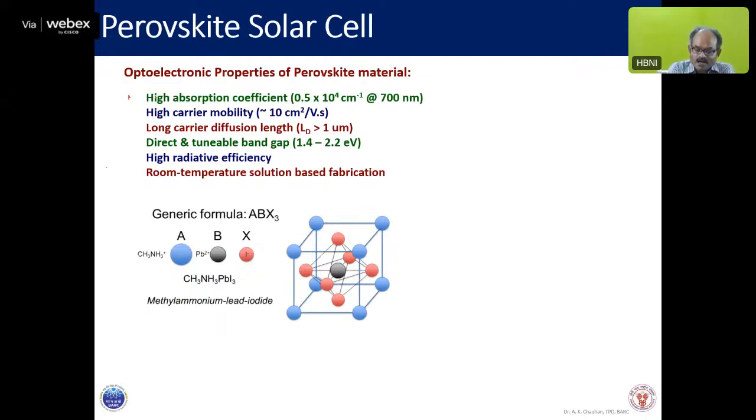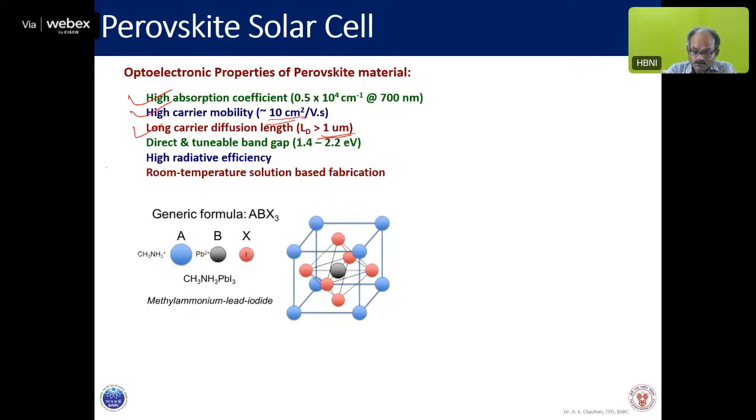It has a very high absorption coefficient, which helps in absorbing the radiation. It has a very high carrier mobility, so carriers move inside it very fast compared to the dyes. Then you have a long carrier diffusion length, approximately in the range of microns, and mobility is also very high compared to organics.